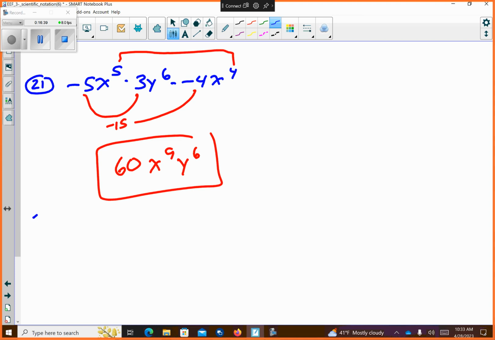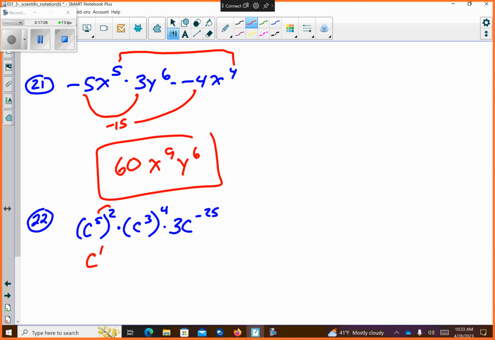Number 22. Okay. So let's take care of our power to power. Power to power means we multiply the exponents. So that's c to the 10th.